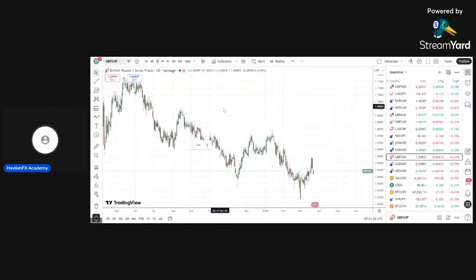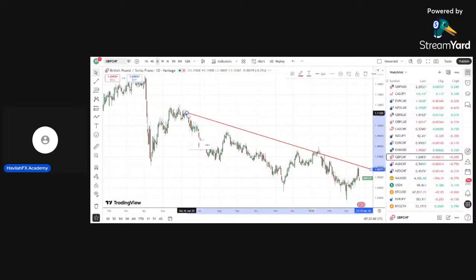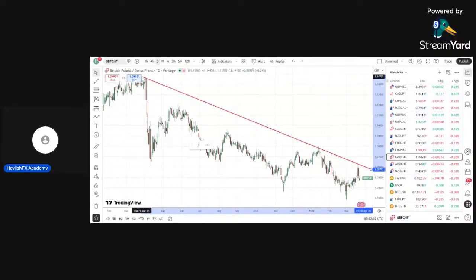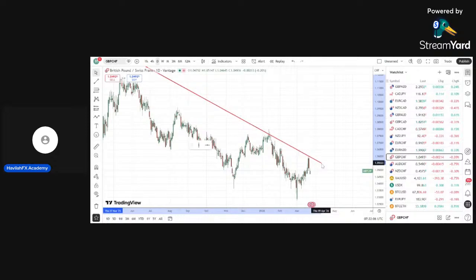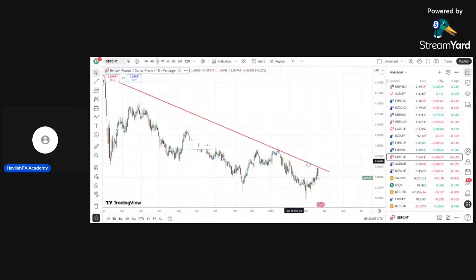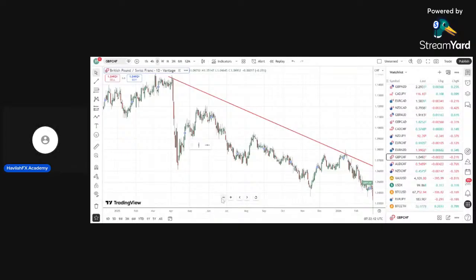On the daily time frame of the GBPCHF, I can draw my trend line on the daily, and all right. So we can see that the overall trend is bearish.